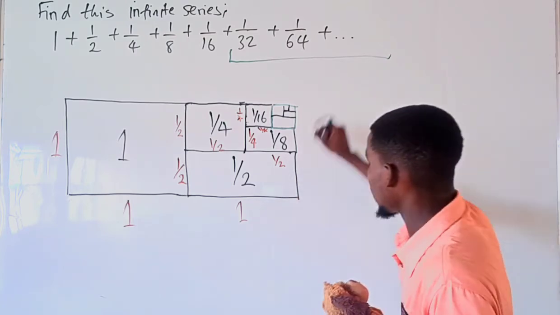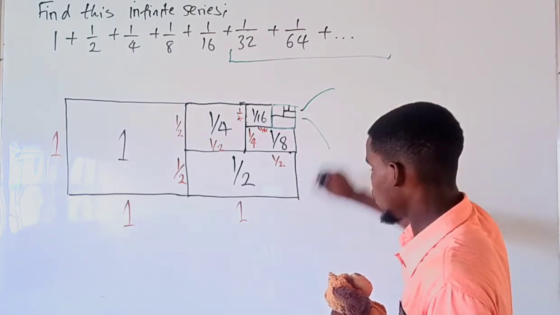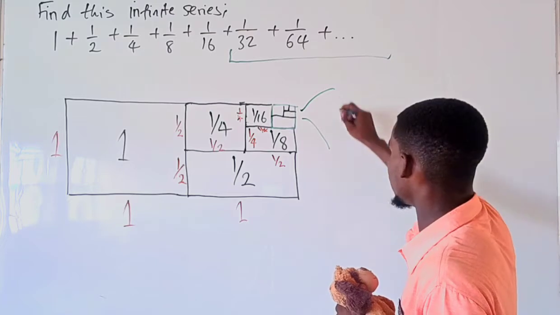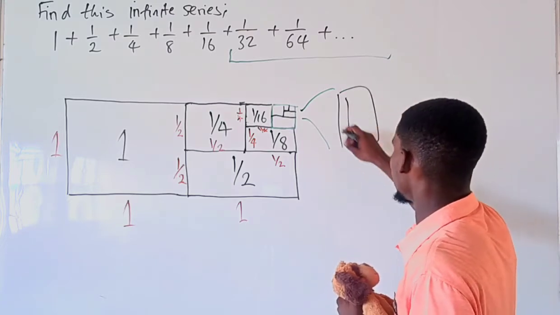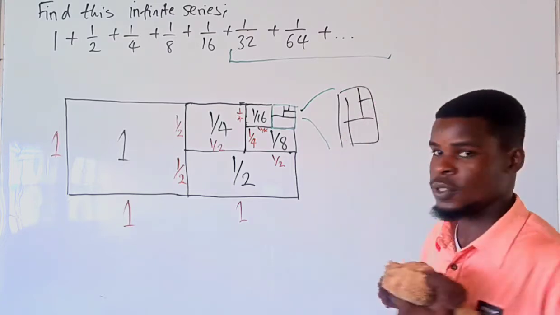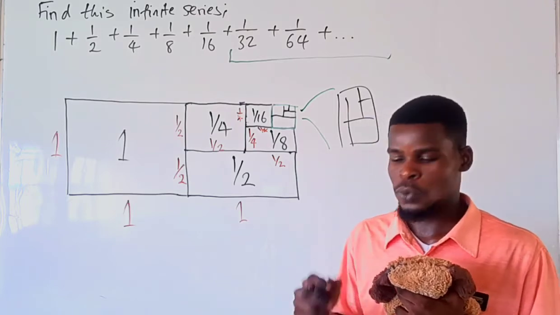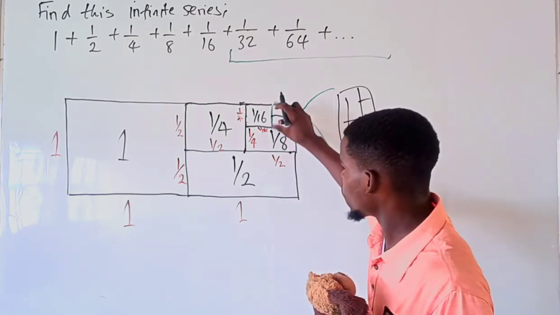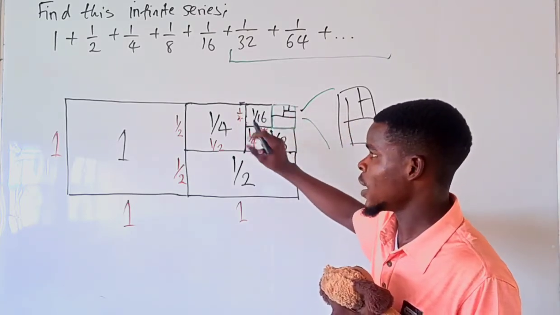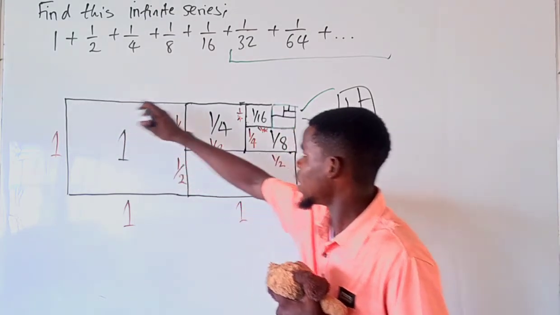So if we want to zoom this out, you're going to see that the green box is going to be partitioned into other shapes. So what that tells us is that all these boxes or all these areas can enter the bigger rectangle.